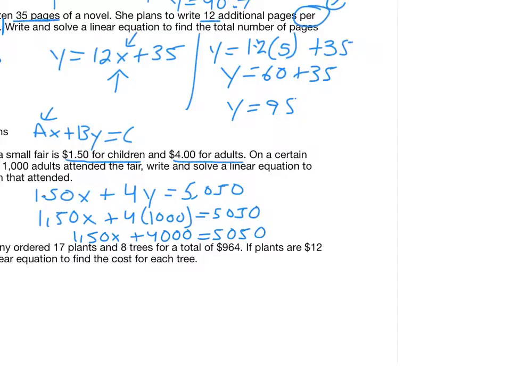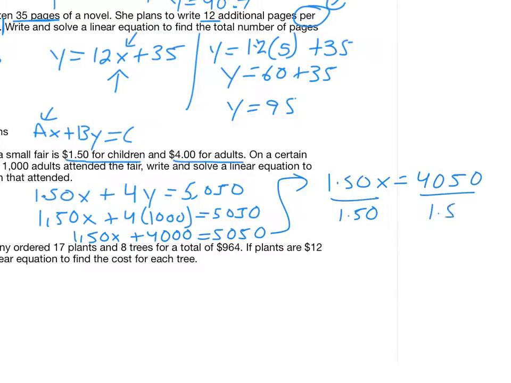Then you'd subtract 4,000 on both sides, and I'm going to move this up here. So if we subtract 4,000 on both sides, we get 1.50x equals 1,050. And your last step would be to divide both sides by 1.50. Which, if you do that, you should get 2,700 children attended.